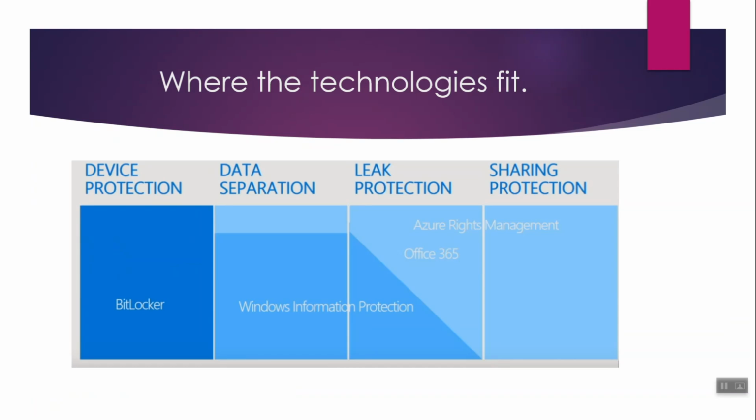Okay. So now, before going too deep into WIP, let's just talk about what information protection needs, and at what level can we actually protect the information which the user has, we as an admin.